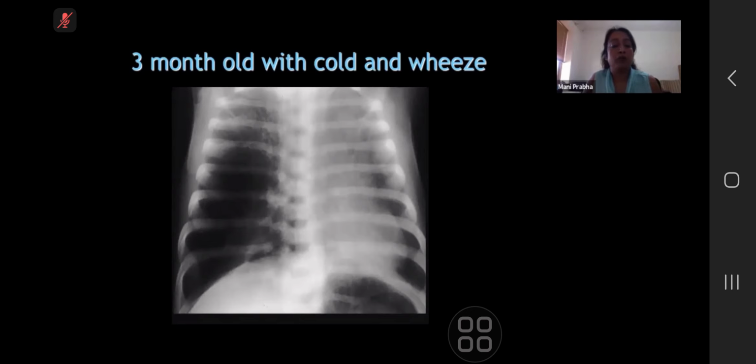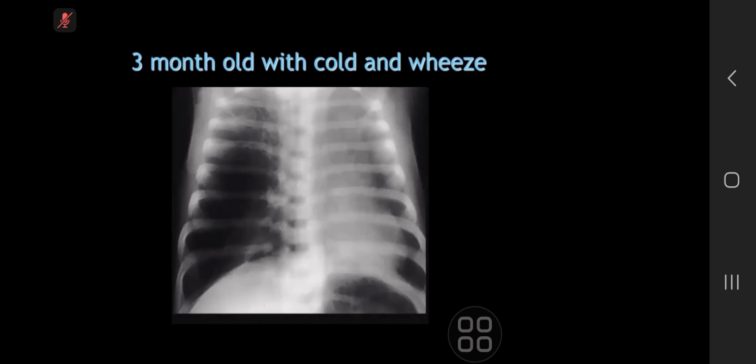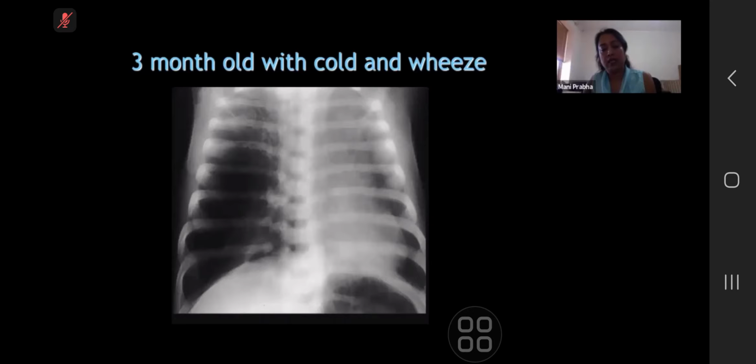So it is unlikely to be CPAM or diaphragmatic hernia in this case. The hemidiaphragm is quite distinct, and with CPAM, I'd expect a multicystic appearance. Yes, that's true. So the two main differentials in this one should be lobar emphysema and pneumothorax, isn't it?